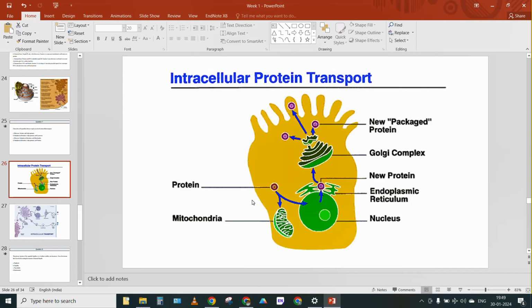Two primary mechanisms govern intracellular transport: vesicular transport and cytoskeletal transport. Vesicular transport involves the packaging of molecules or organelles into membrane-bound vesicles that traverse the cytoplasm and fuse with specific target membranes, which facilitates the exchange of materials between organelles or with the cell membrane.